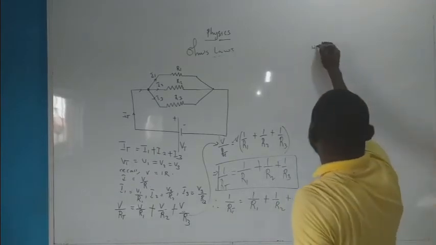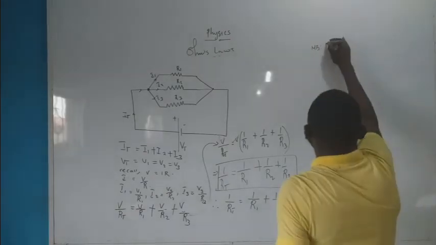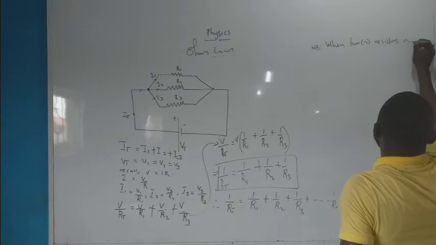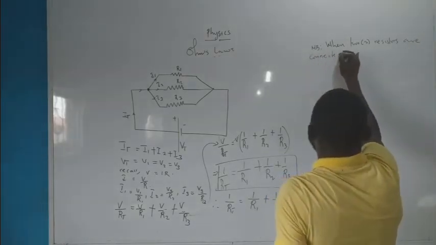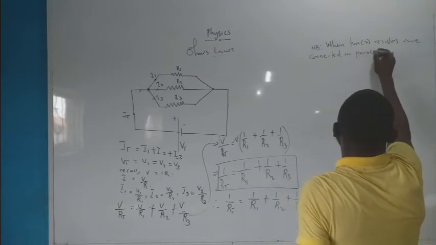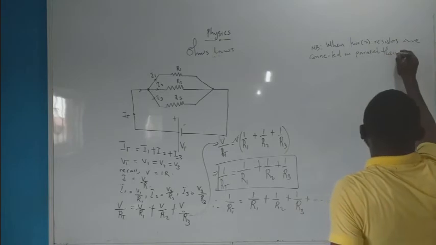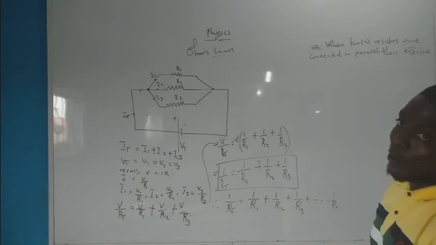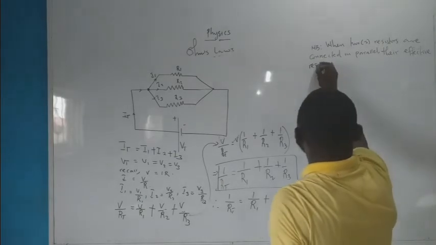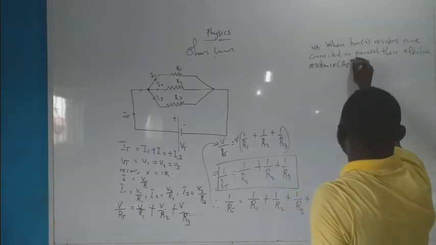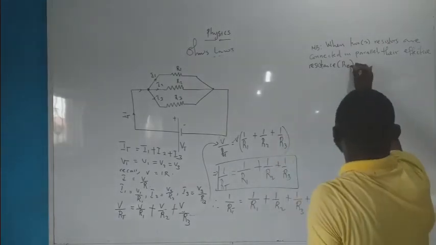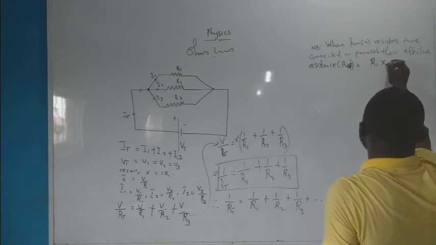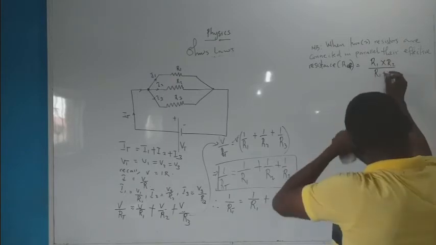Now note, when 2 resistors are connected in parallel, their effective, equivalent, or resultant resistance, that will be R total or R effective, must be equal to R1 times R2 over R1 plus R2.